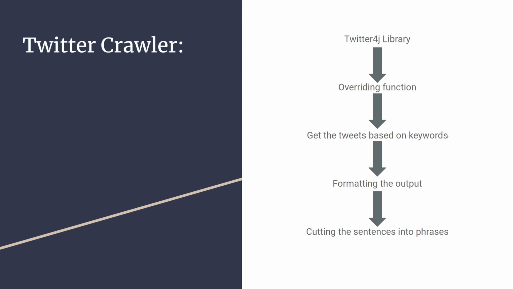Then we can get tweets based on keywords. Plus, we developed an algorithm to delete non-language parts like URLs, emoji, or usernames, so we can get clean sentences. And then we cut these sentences into phrases, and we use these phrases to expand our checker's library.